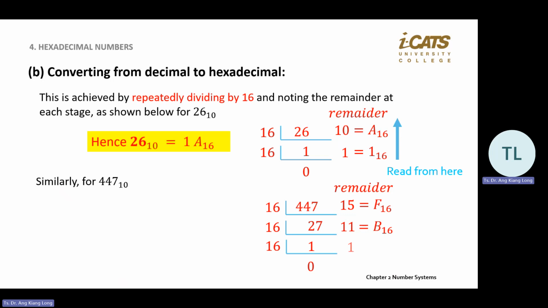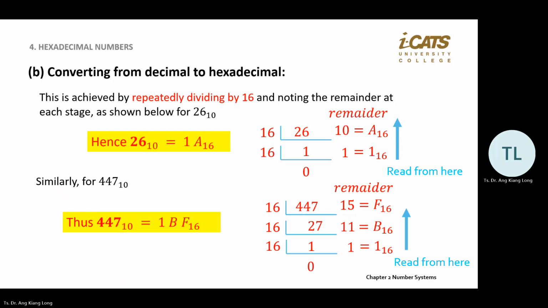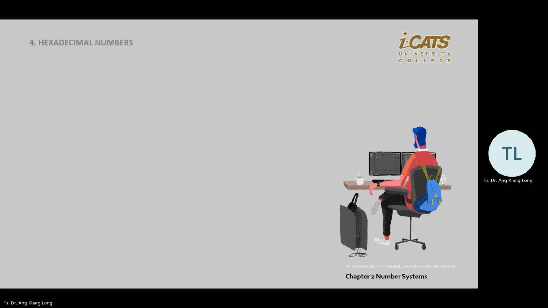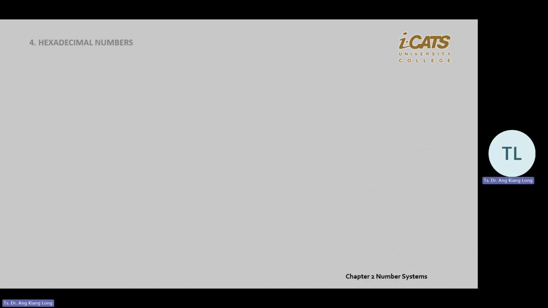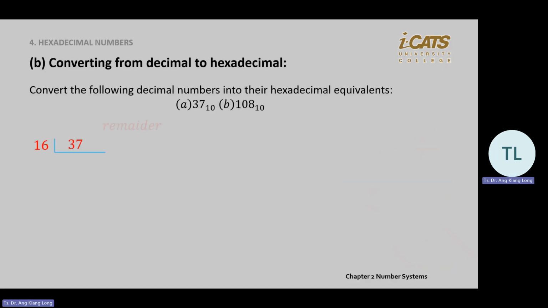Okay, so 447 equals 1BF base 16. Make sense? Okay. The rest, if you understand already, I'll just go fast.